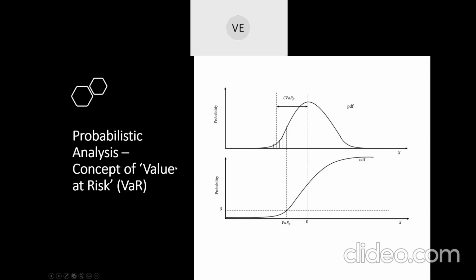Now, value at risk says that, by definition, at a particular confidence level, we can say that at least this many electric vehicles would be there. That means at 95% confidence level, in the sense this area, that is the total area minus this barred region, the total area gives you the 95%.